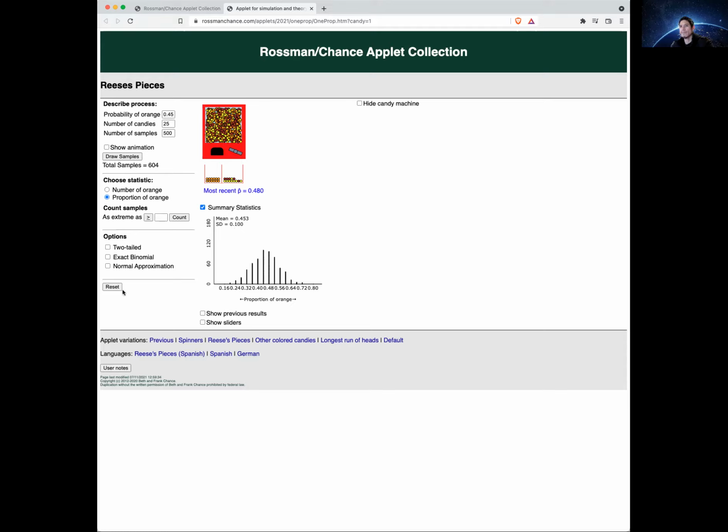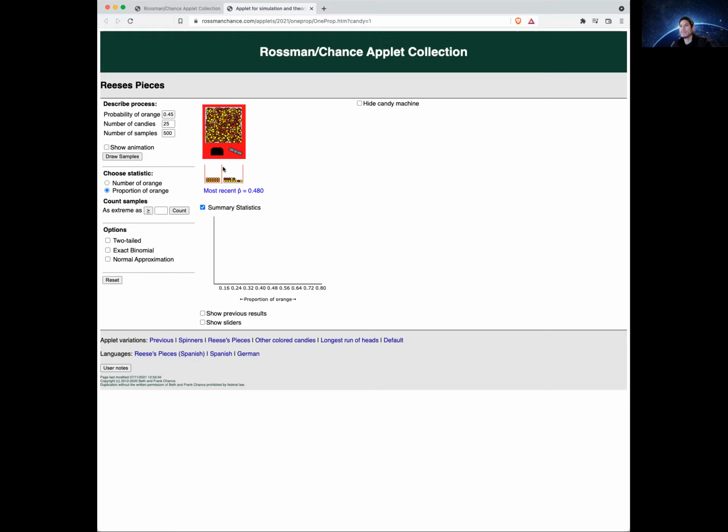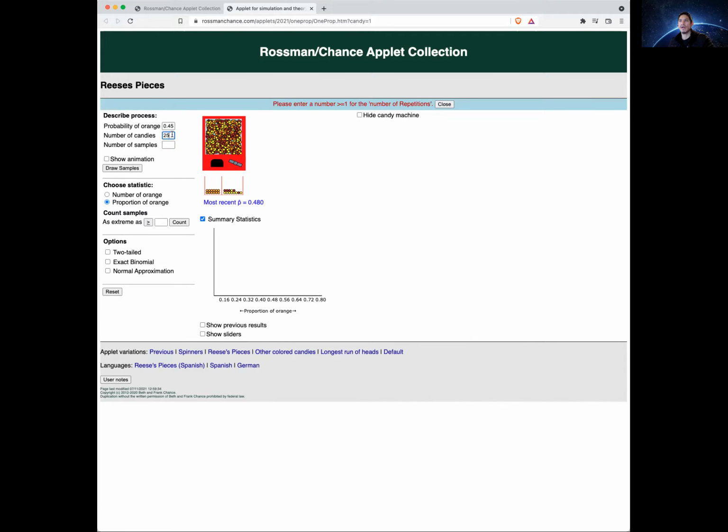Okay, so now let's reset this. Let's clear that off. Let's see what happens if we increase the sample size. Let's double it. Let's go to 50. And let's go ahead and draw 100 samples.